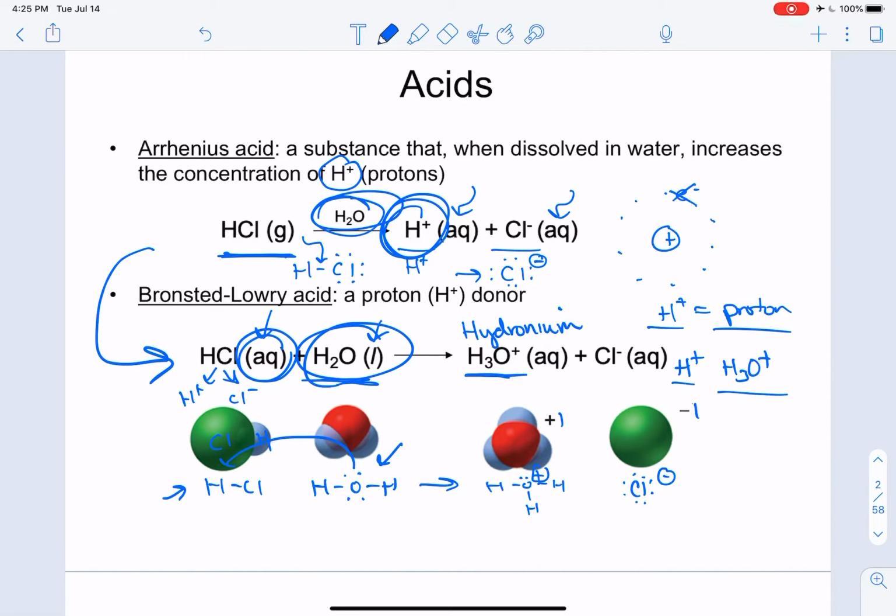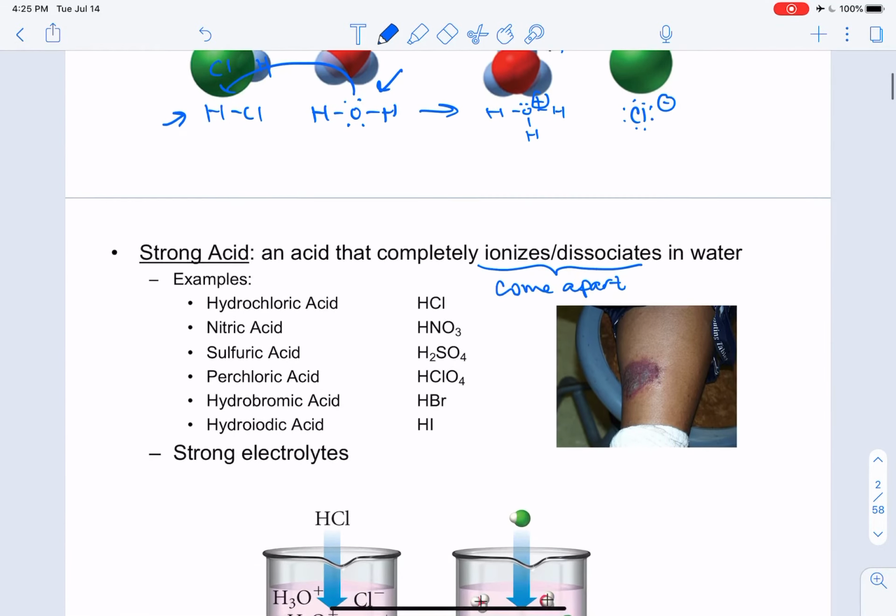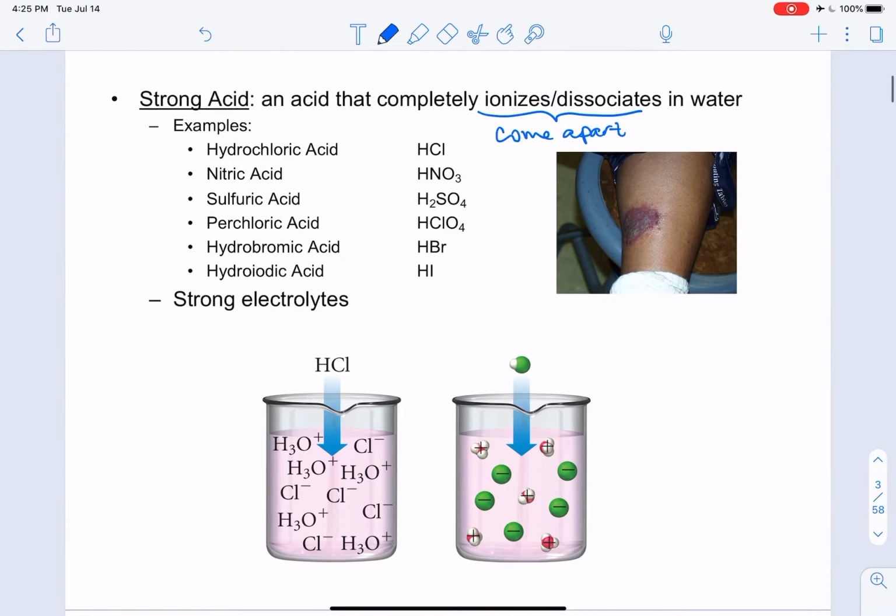And our hydrogen chloride, the HCl, completely came apart into H plus and Cl minus, and there was no more HCl floating around together. So that is a strong acid, and you guys will see that in the list of strong acids right here. So some others: nitric acid, sulfuric acid, perchloric acid, hydrobromic acid, hydroiodic acid. Those will completely ionize, completely dissociate, completely come apart.